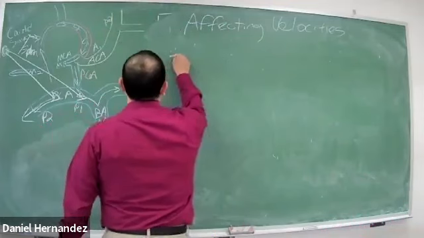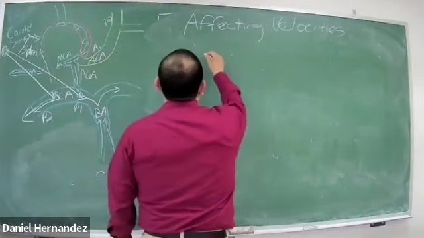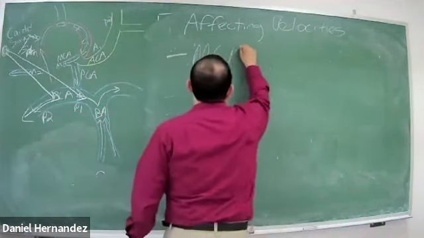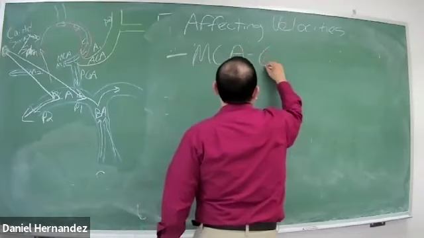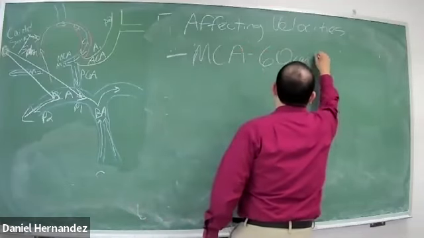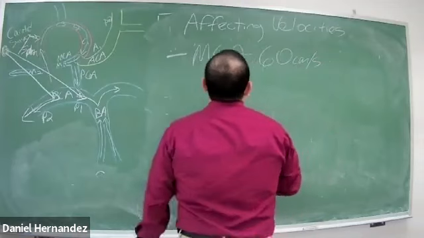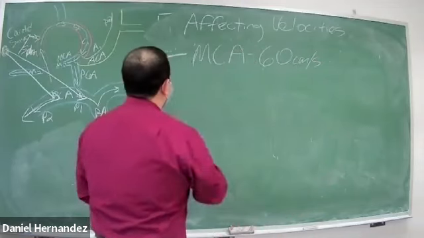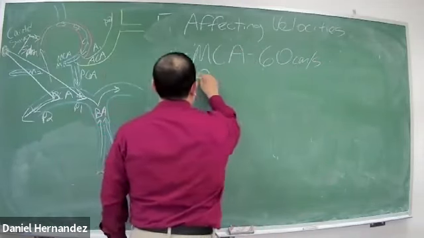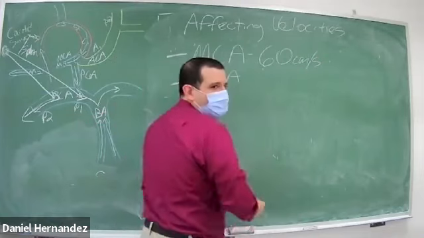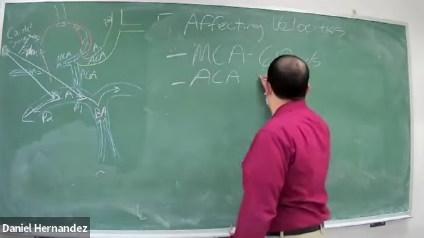All right, so I'm just gonna break this down. So middle cerebral artery, put 60 centimeters per second. We'll put ACA 50.